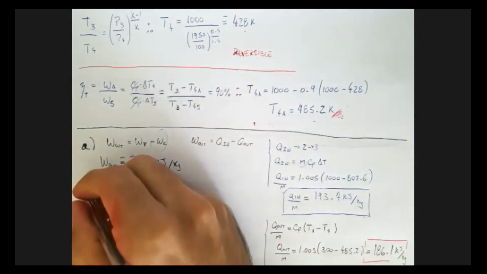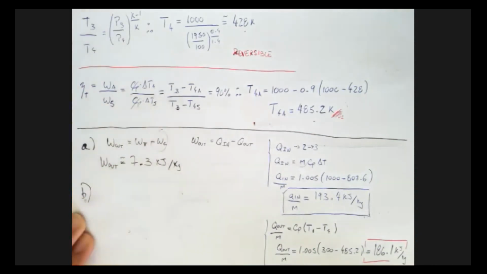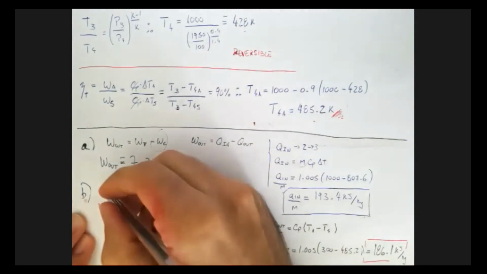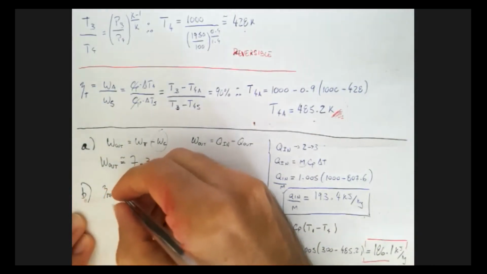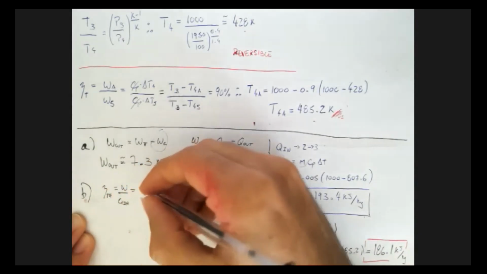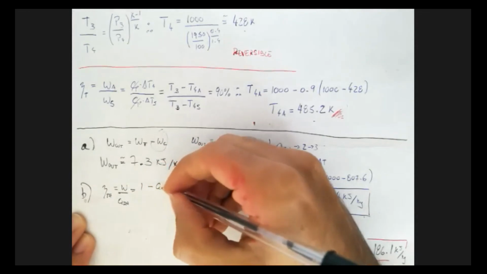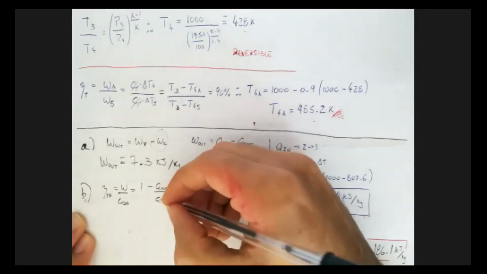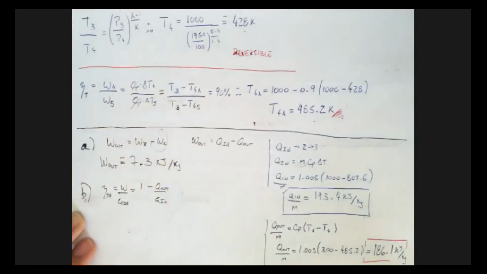And then if we want the thermal efficiency, you can choose what you want to do because we know we can do thermal efficiency as work over how much energy went in, which is the same thing mathematically and physically as 1 minus Q out over Q in, right? In this case, we already have the work, so let's just plug in work over how much went in.